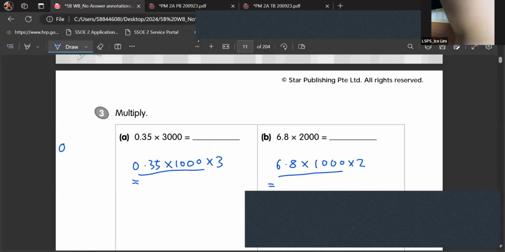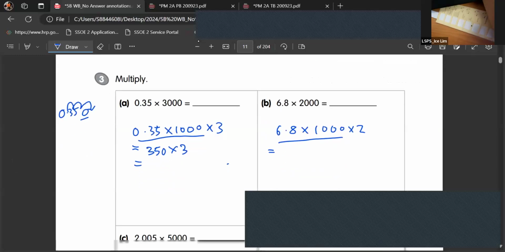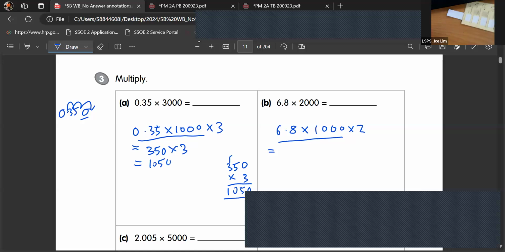I'm going 1, 2, and 3. So it will be 350 times 3. So I'll write 350 times 3, which is still manageable.